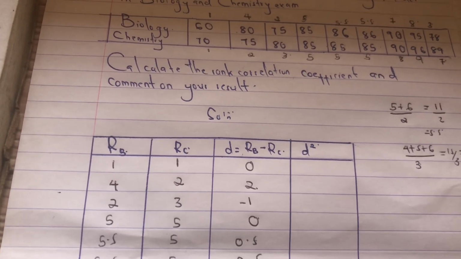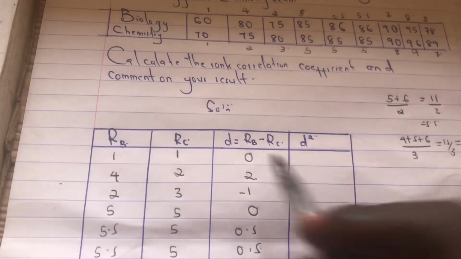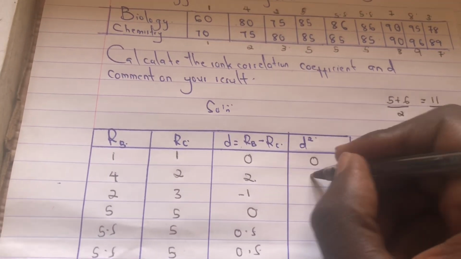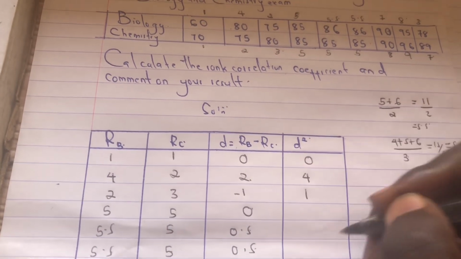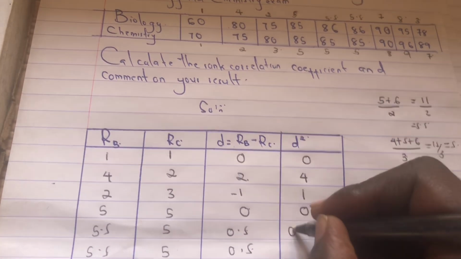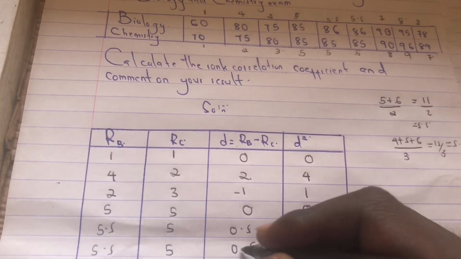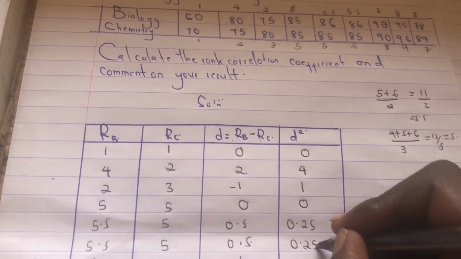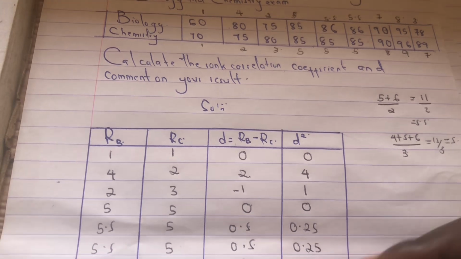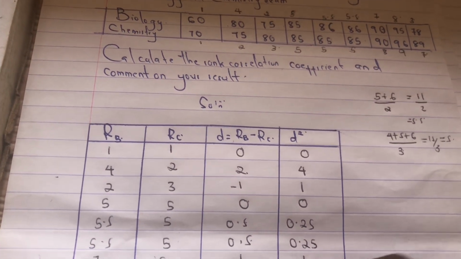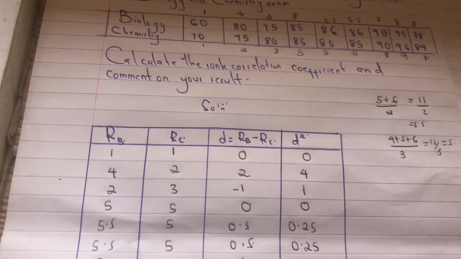That means after that we get the d squared. d squared is when we square these answers. 0 squared remains 0, 2 squared is 4, this 1 squared is 1, 0 is 0, 0.5 squared is 0.25, this is also 0.25, negative 1 squared is 1, negative 1 squared is 1, negative 4 squared is 16.